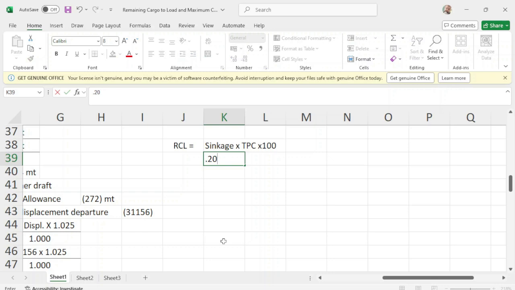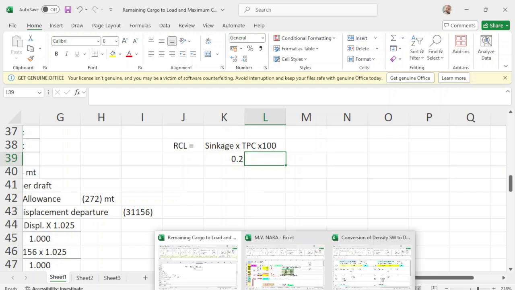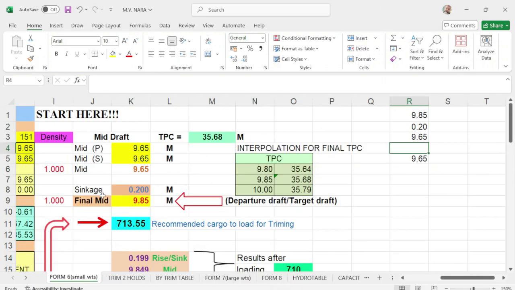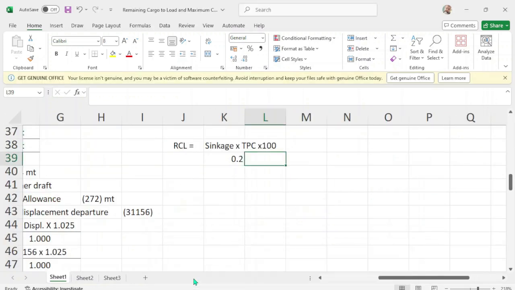Okay. Your TPC on departure: you take the final drop, departure drop, and your TPC, you interpolate. Your TPC will be 35.68. Okay. So TPC is 35.68 times 100.